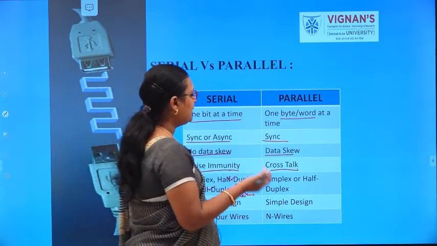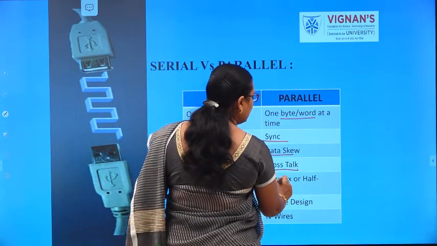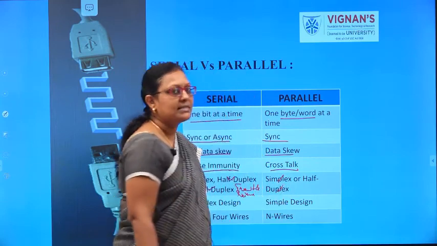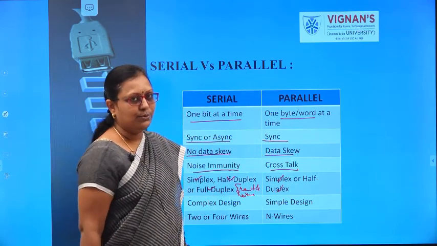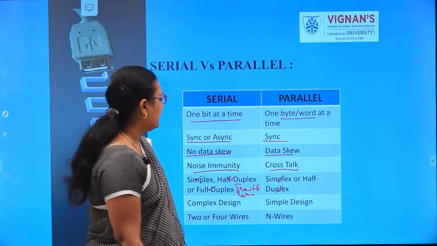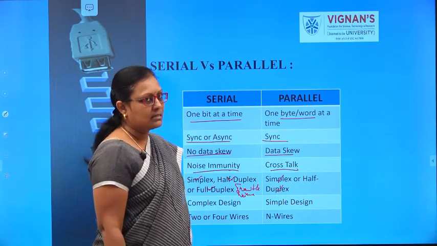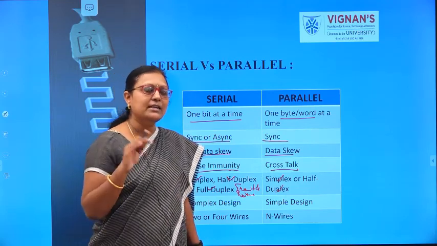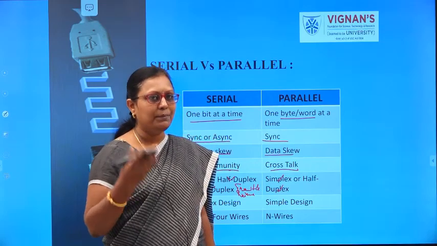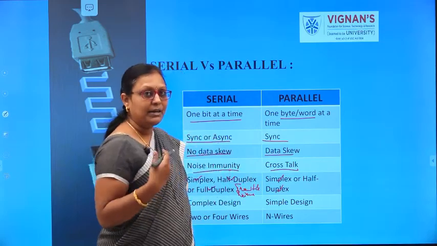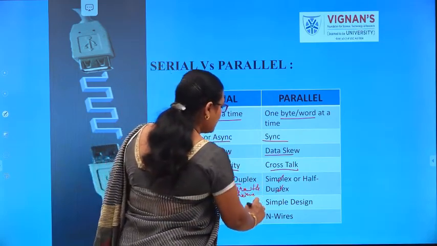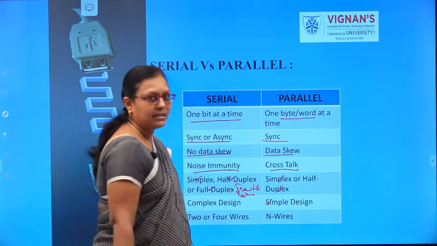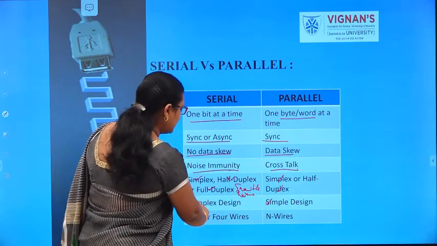But parallel communication works only in simplex and half duplex modes. Then coming to the design, serial communication is more complex compared with the parallel communication system. Parallel is a simple design technique and serial is the complex design technique.